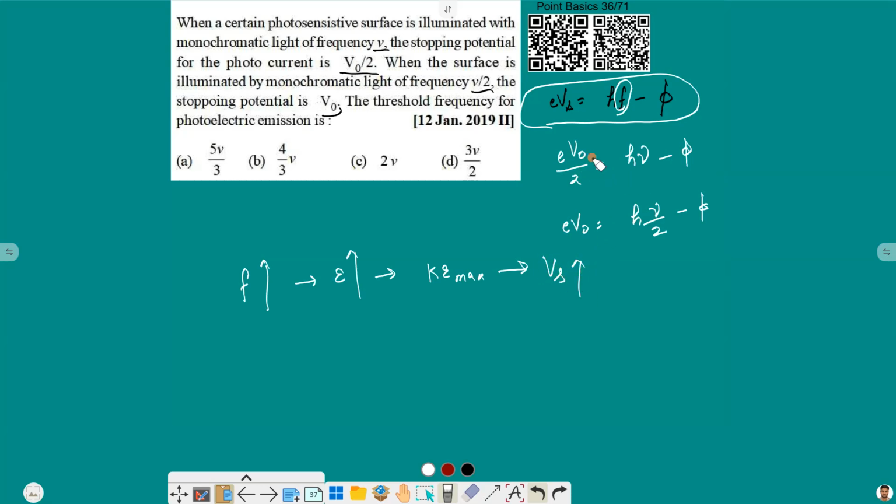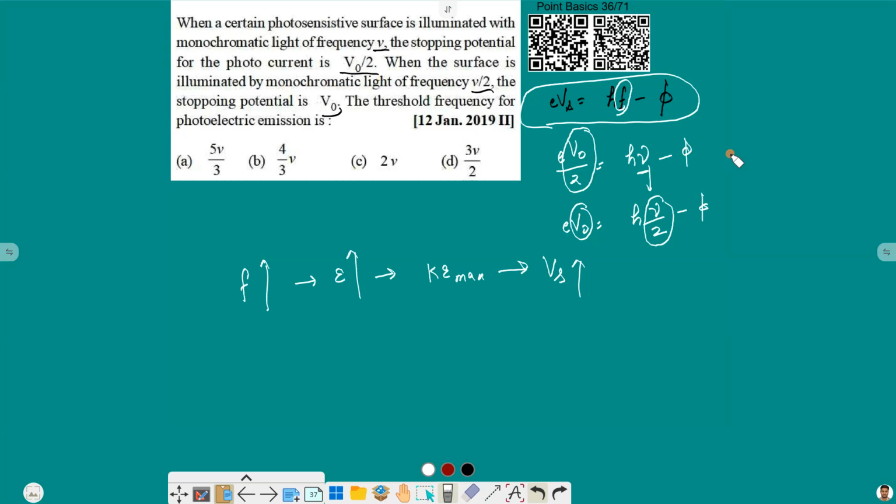Here, when frequency is mu, stopping potential is V naught by 2. But after that, frequency decreases by half, but stopping potential increases by 2.